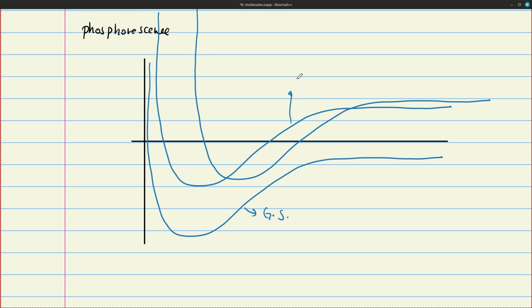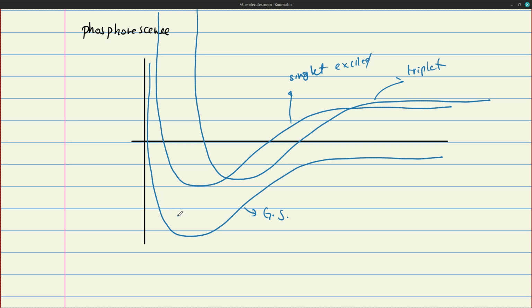This is a singlet excited state. What this means is the electron is in a singlet state. You don't need to worry about it, just imagine an internal structure. And this one is triplet. Typically you don't go from singlet to triplet.